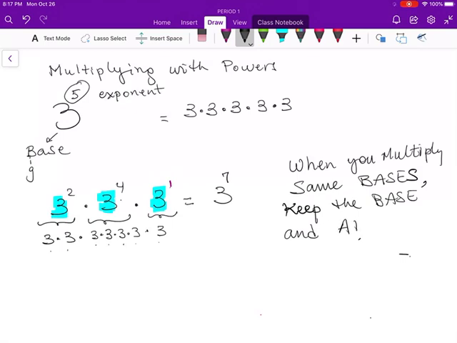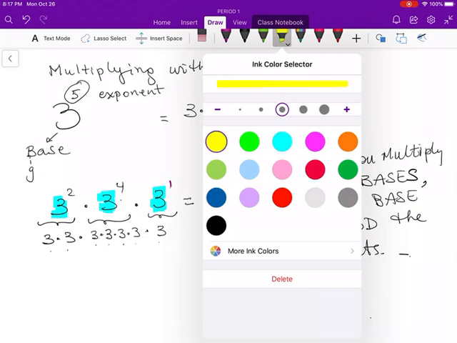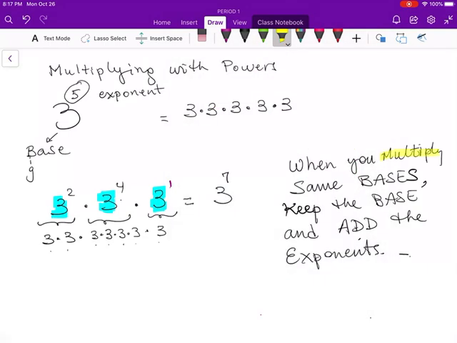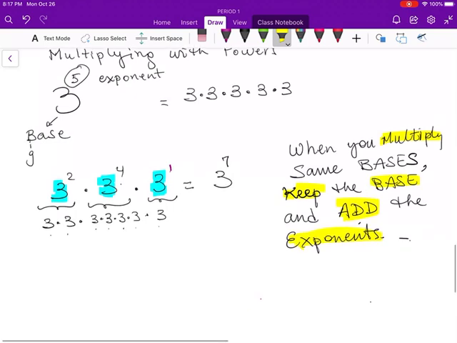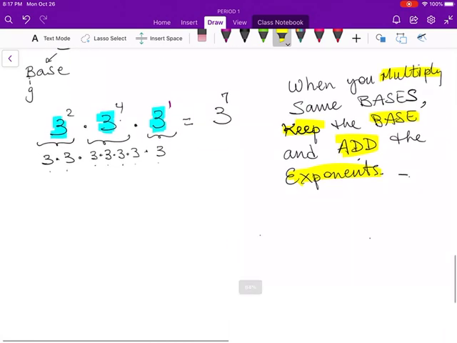We're going to add the exponents. So make sure you have that in your notes. Let me highlight that for you. When you multiply same bases, you keep the base and add the exponents. So that is the rule for multiplying powers.